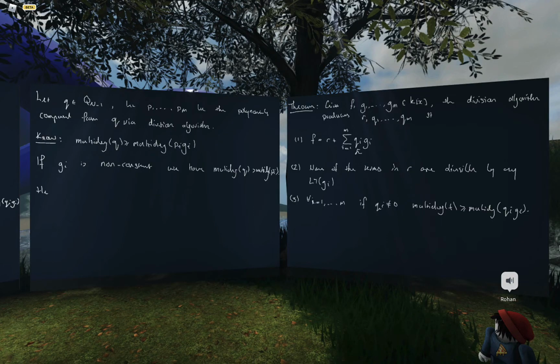Okay. So what this says is that this Bn minus 1 quantity, because this is the maximum over all these multi-degrees of these Q, is strictly greater than the multi-degree of Pi.